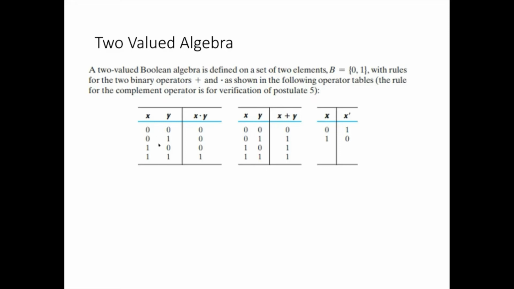So these are all the possibilities: 0 0, 0 1, 1 0, 1 1. And if you AND them together, here's your output. If you OR them together, what you recognize here is that the only time it's not a 1 is when they're both zeros. Okay? And then the last one is just the inverse. So if x is 0, NOT x is 1. If x is 1, NOT x is 0. Okay?